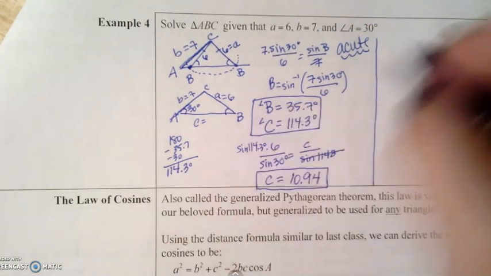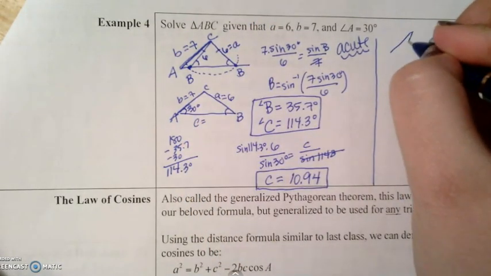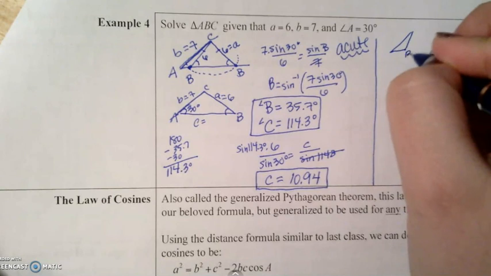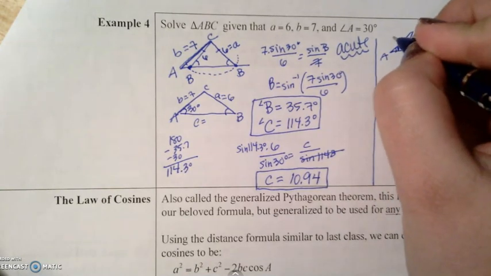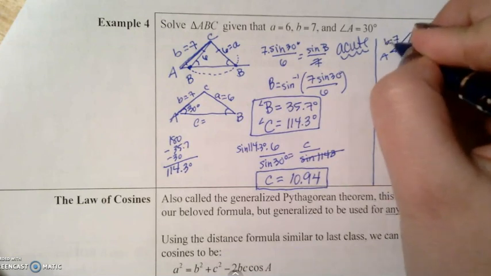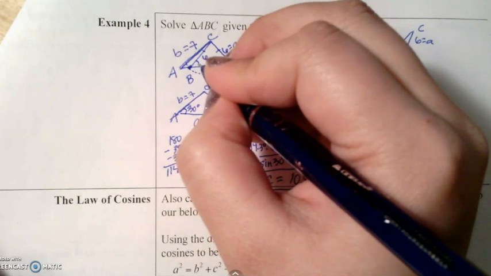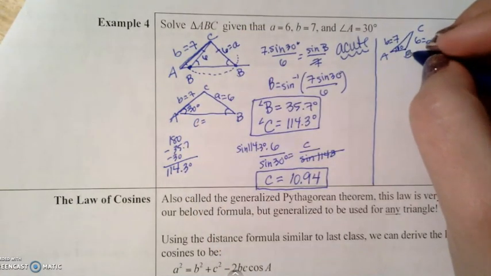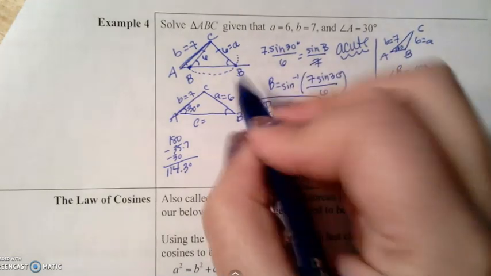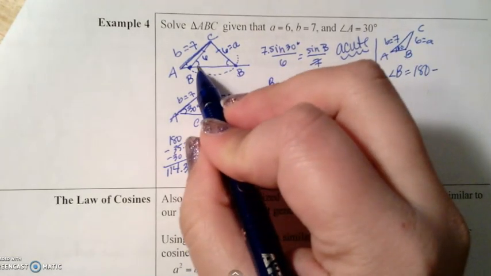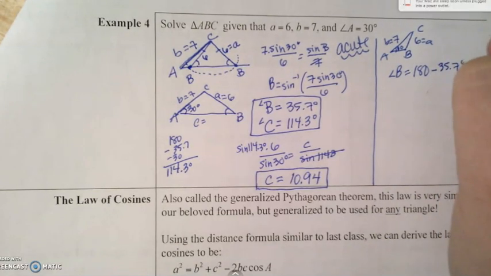To find the triangle now with obtuse angle B, something like this. Now remember, these two angles were supplementary, so to find angle B, we can take 180 minus the angle that's congruent, which is 35.7 degrees.